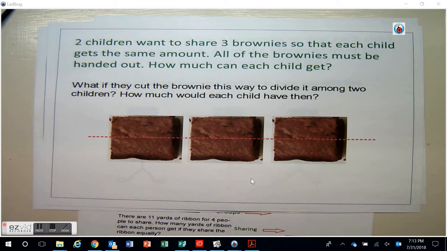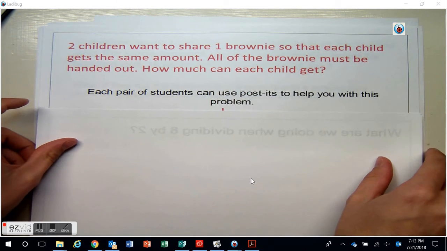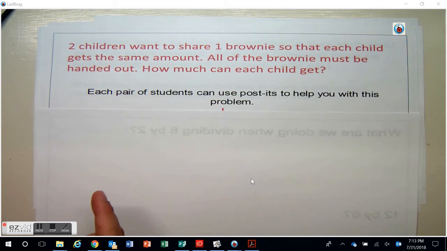If we cut each one up, first kid, second kid, first kid, second kid, these 2 halves would combine and make 1 whole, and then I'd still be left with a half. So each child would get 1.5 brownies.